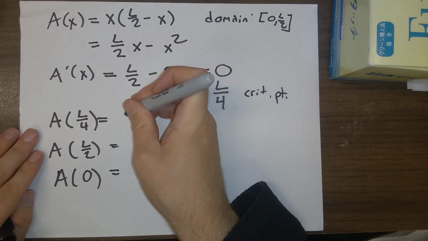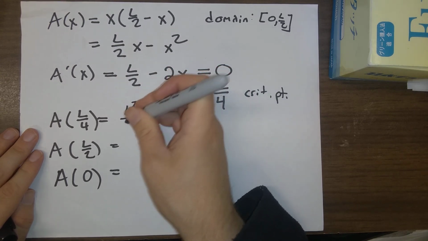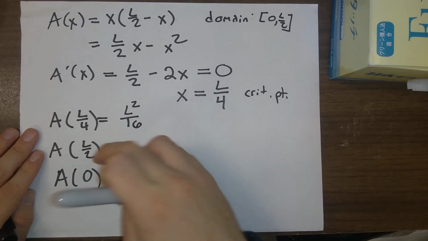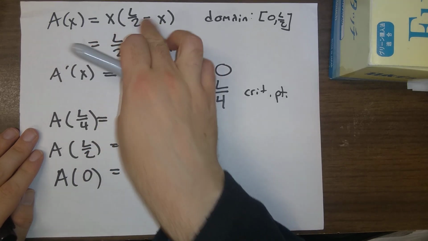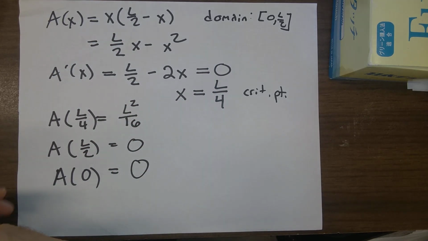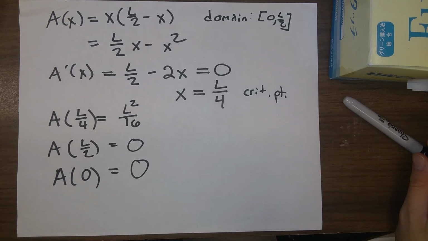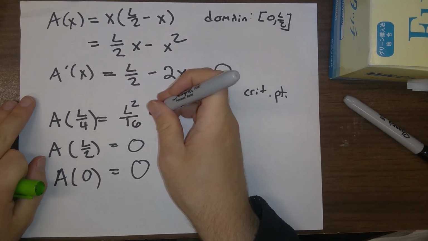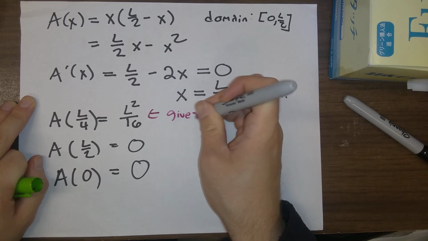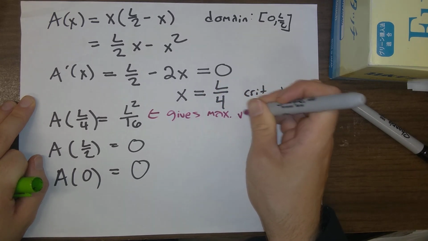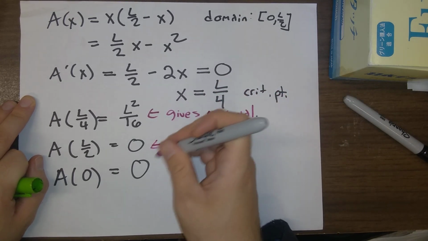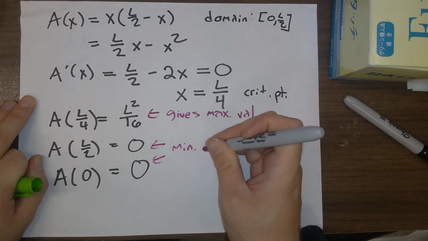After crunching things out, you end up with L squared over 16. And you plug in L over 2 or 0 up in here. It's pretty easy to see that you'll get 0. So what's our conclusion? This gives the maximum value, and these two both give the minimum value.